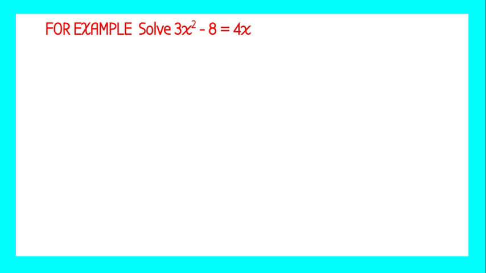So for example, if you have 3x squared minus 8 equals 4x, you need to make sure it's set equal to 0. In order to do that, you have to remember to bring the 4x over, but there are no like terms on the other side. So you cross off the 4x and you're going to rewrite it as 3x squared minus 4x minus 8. So you have to make sure you rewrite it in descending order. That's a really big skill that you're going to need for today.